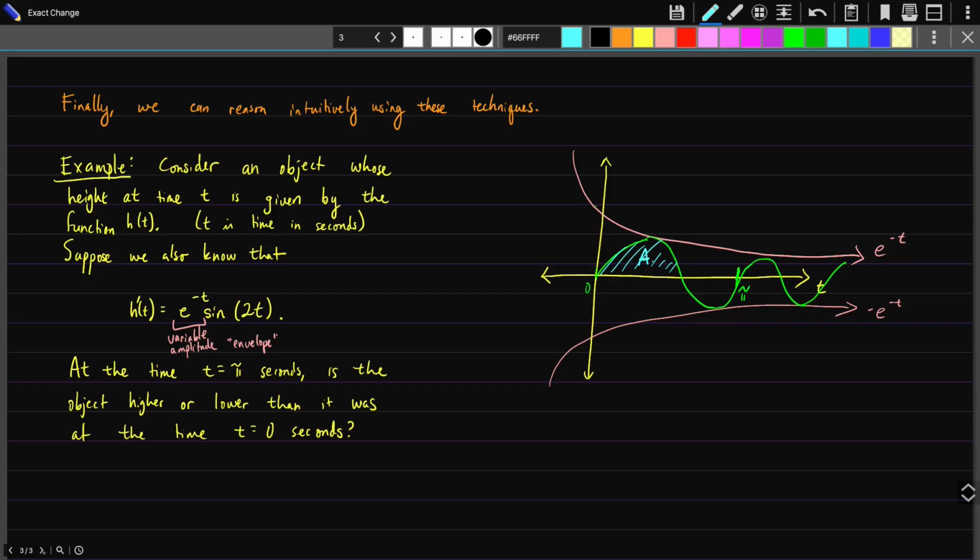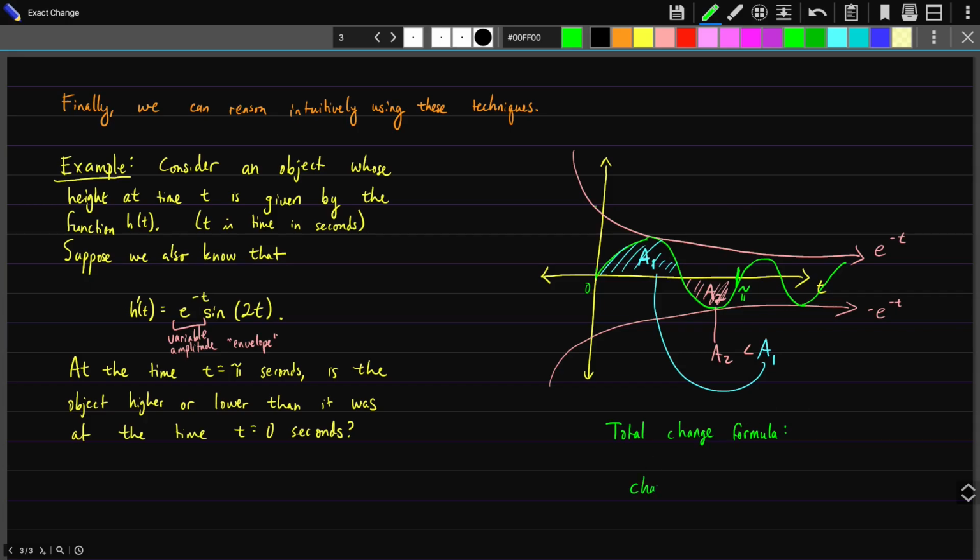So I've got this a1 here, and then again I've got this other component down here. I'll call this a2. And because e to the minus t is decreasing, this area a2 is less than this other area a1. And from here we can just use our total change formula, which is we're going to add the areas above the x-axis and then subtract off the areas below the x-axis.